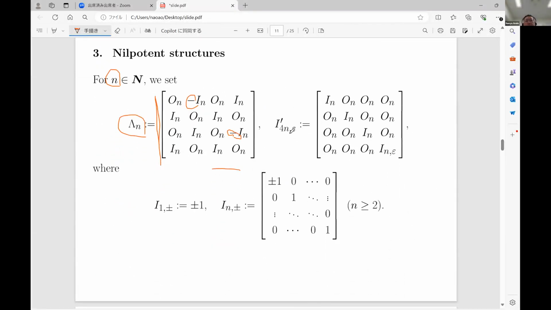We also define a square matrix of degree 4n, I prime 4n epsilon, like this. If epsilon is equal to plus, then I prime 4n plus is the identity matrix. On the other hand, if epsilon is equal to minus, then I prime 4n minus is slightly different from the identity matrix because of this.